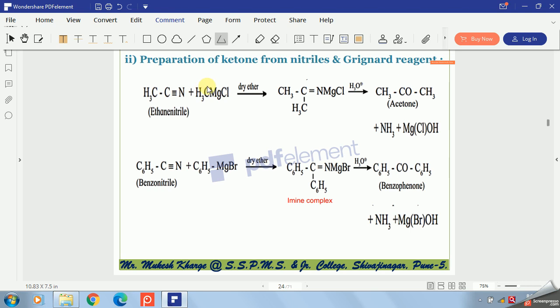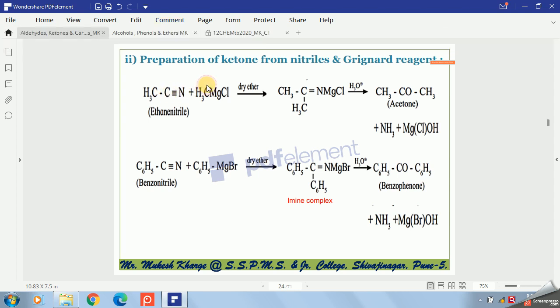So CH3 will attack the less electronegative atom of your functional group. Among the CN, nitrogen is more electronegative than carbon. So CH3 will attack the less electronegative, that means electron deficient group or electron deficient center.